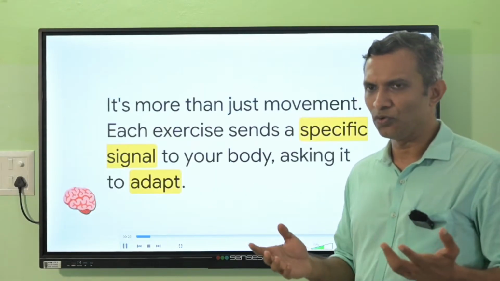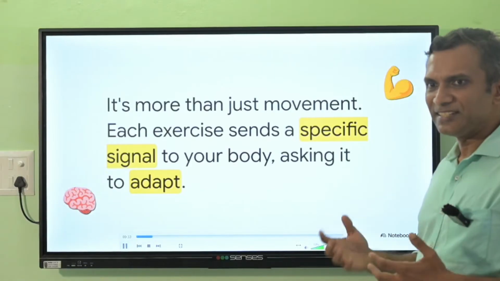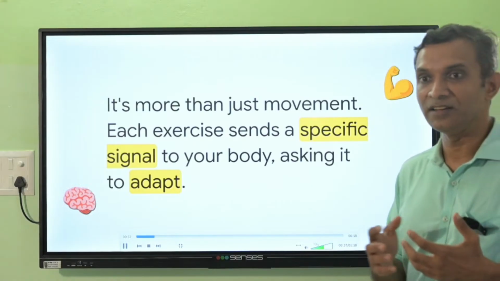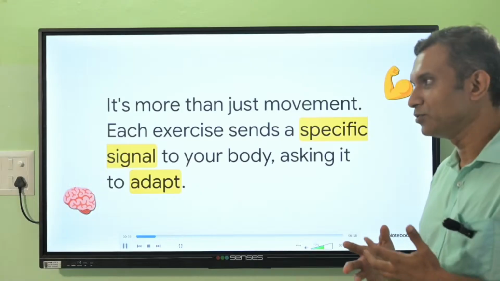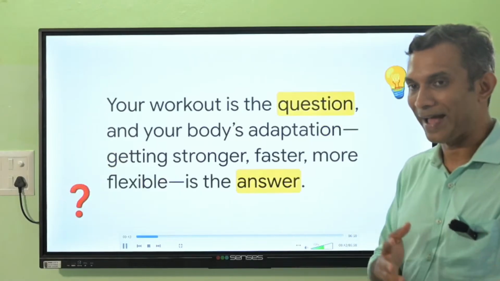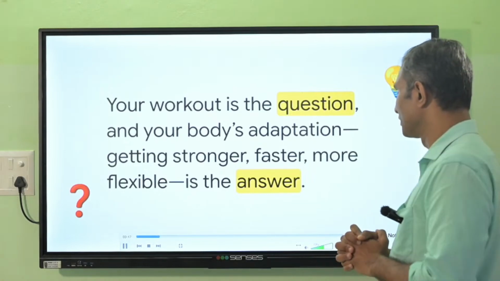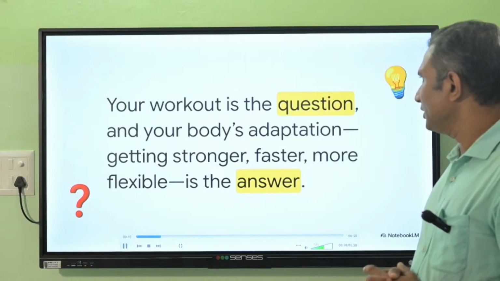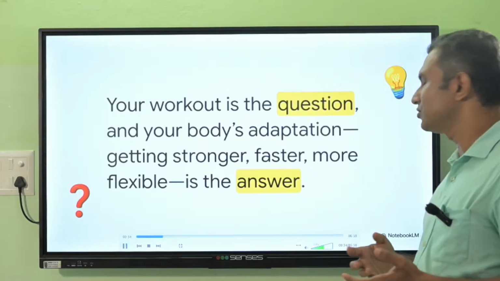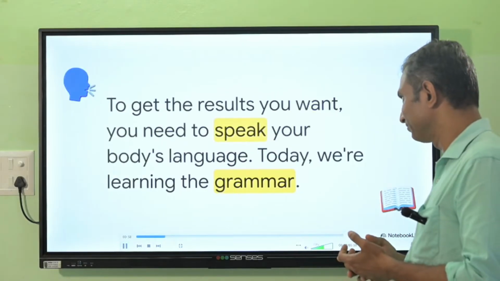So many units get involved there. It's not just exercise, but each exercise sends a specific signal to your body that helps the body adapt, and the neuromuscular system becomes more active, which helps you generate better force. If you are talking about the workout, body adaptation, getting stronger, faster, and being flexible is the answer.